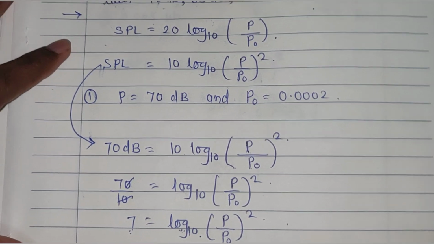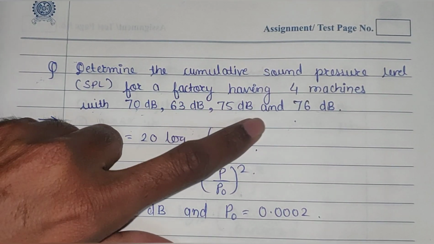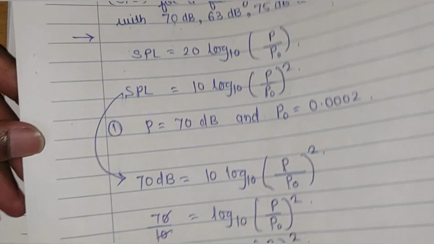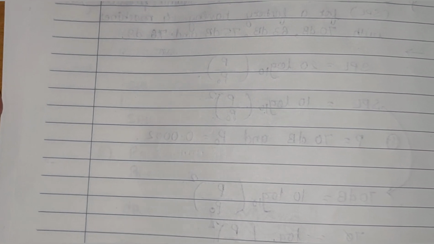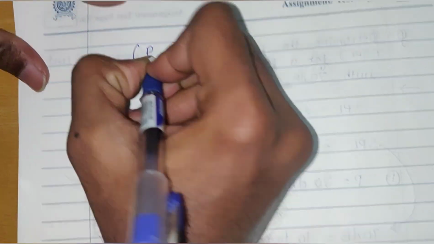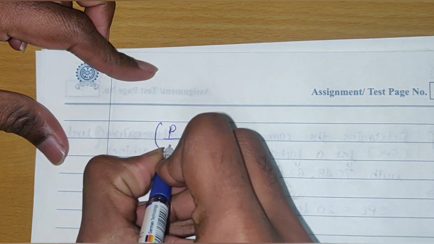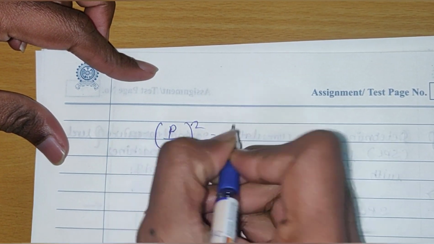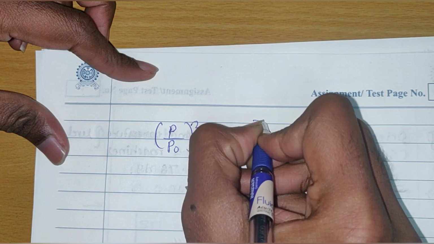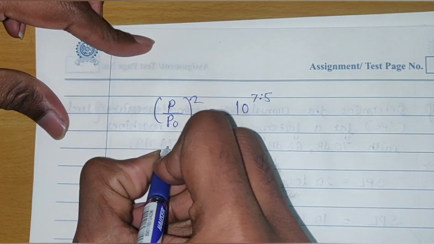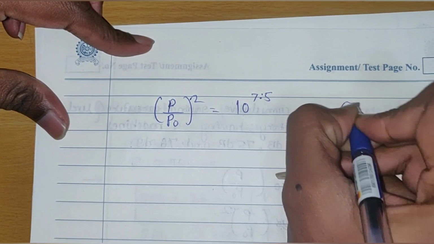Similarly, you can write the value for 75 decibel and 76 decibel. (P upon P naught) square is equal to 10 to the power 7.5, and this is equation 3.